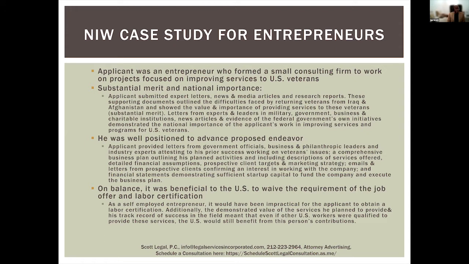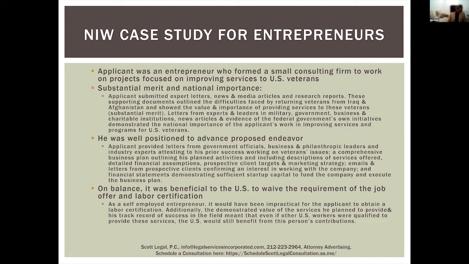And then in terms of showing that the person was well positioned to advance the endeavor, the person had a lot of contracts with different government agencies. It said that they were going to refer these people, et cetera. And we list out some of the information that was included. A comprehensive business plan was included, a description of the services that were going to be offered, and emails and letters from prospective clients confirming the interest.